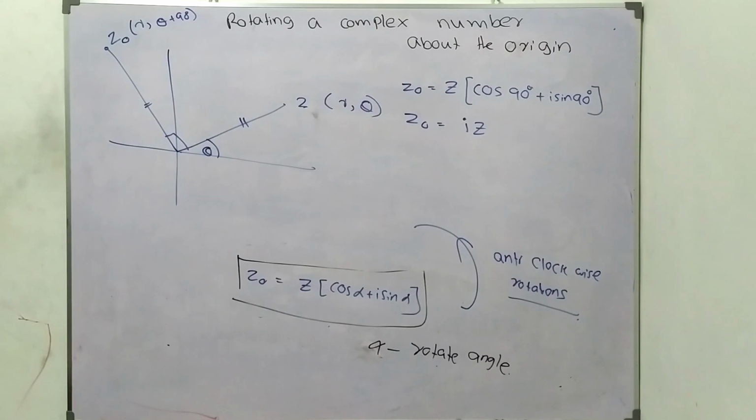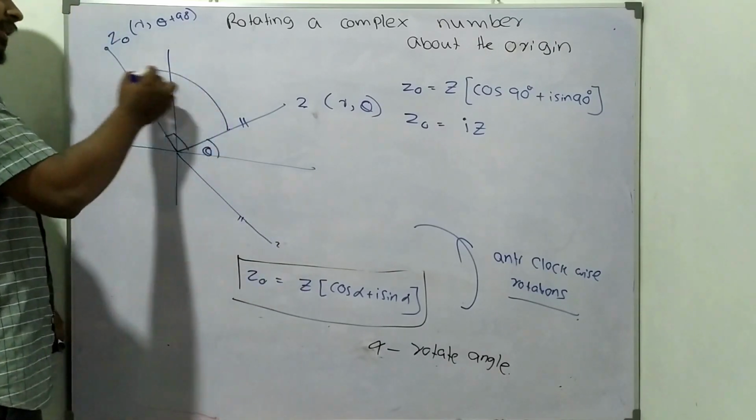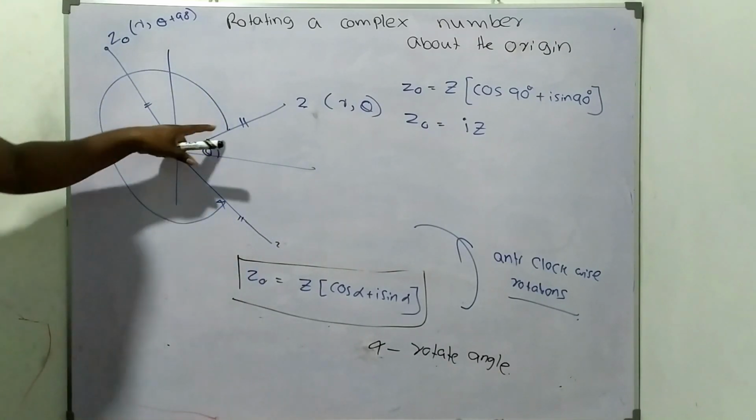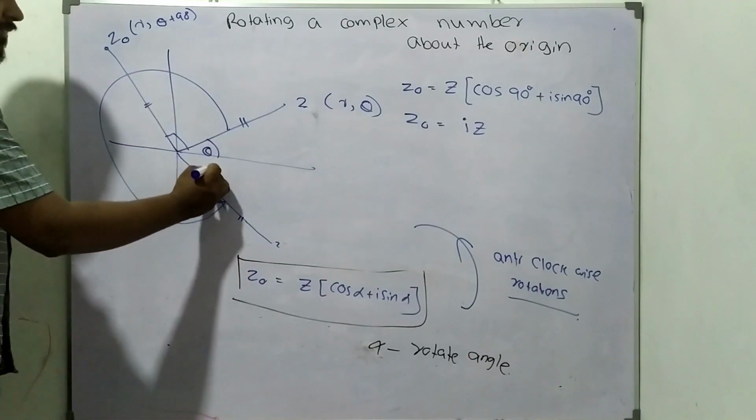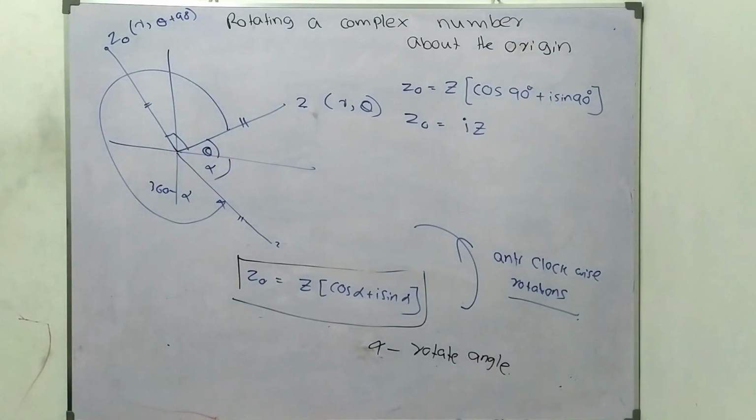Assume you have some complex number over here with the same radius; if you have to rotate this way, it is 360 minus that angle. It doesn't matter, wherever the position of the complex number is, you can rotate anti-clockwise. This is what I want to tell you about rotating a complex number about the origin.